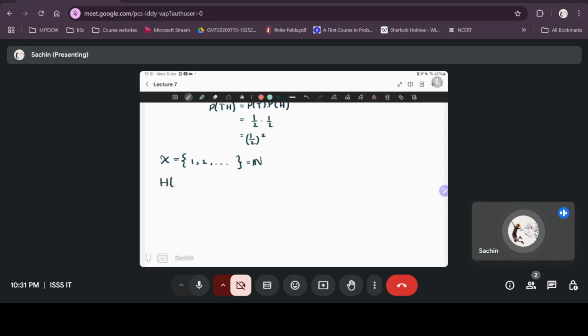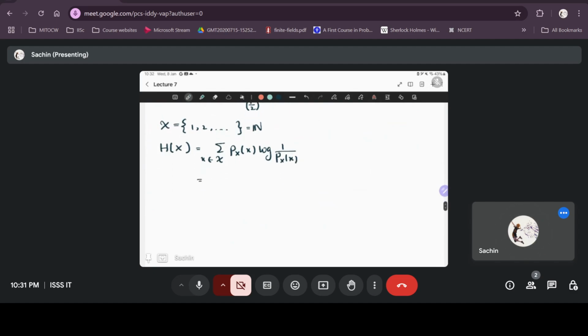The entropy of this random variable X is summation over all x in script X, probability of x log 1 over probability of x, which is summation over all natural numbers.